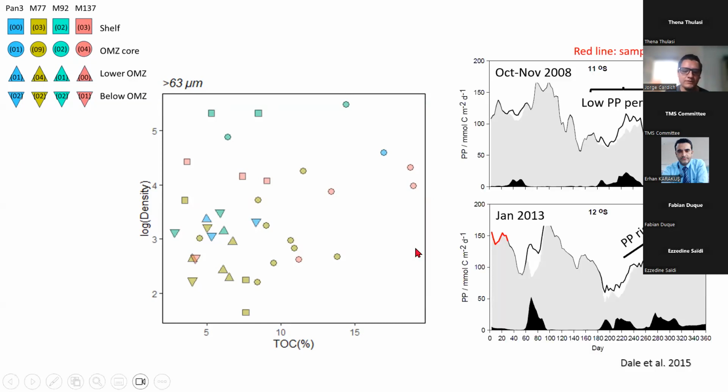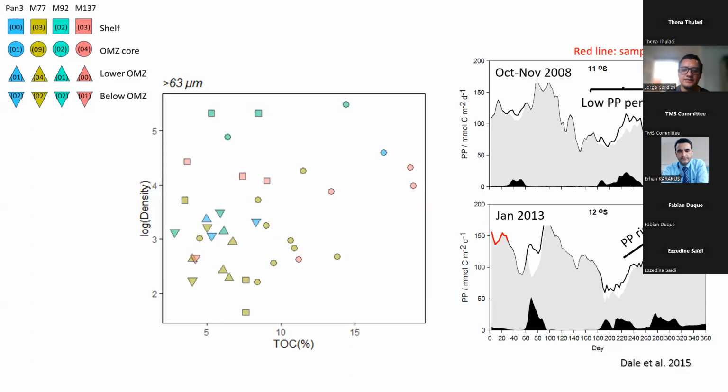But as we wanted to see interannual differences between these sampling periods, the most interesting difference that we can see is that here in light green is the M92, that is 2013, versus all these dots in dark green that are from 2008. And they have very different abundances in general for all the sections of samples.